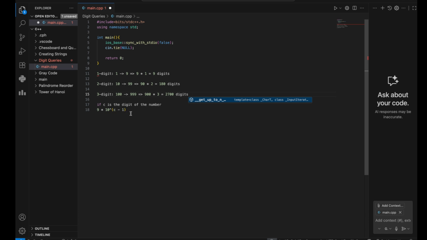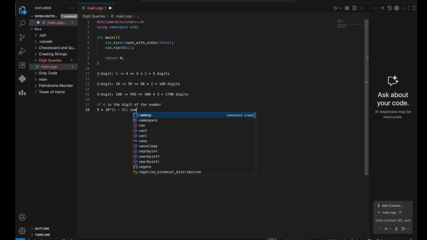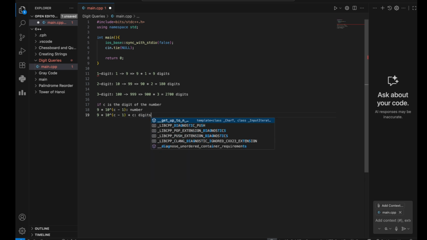C now equals 1, 1 minus 1 is 0, 10 to the power of 0 is 1, and 9 times 1 equals 9. That way we can determine the count of numbers. Then we can determine the number of digits in that block by multiplying this formula by C.